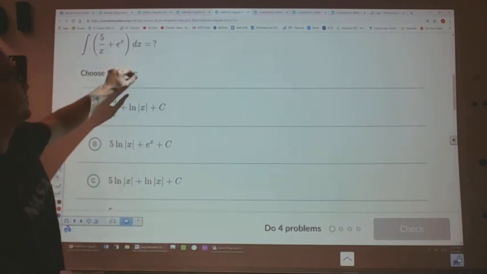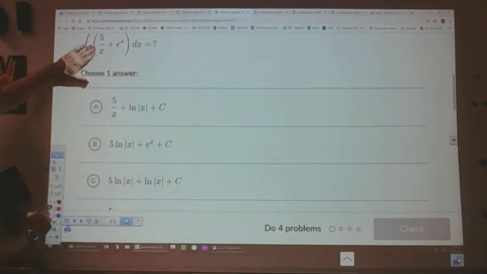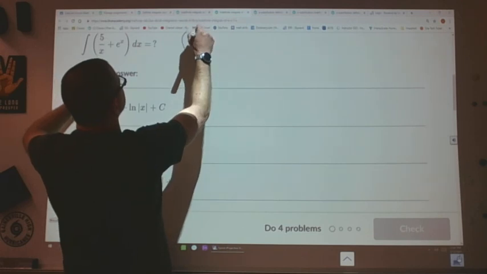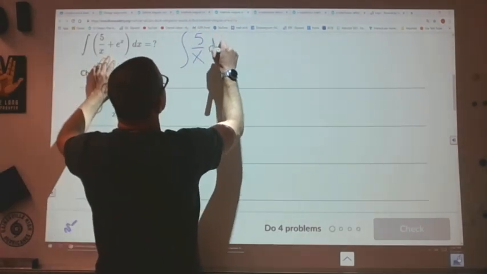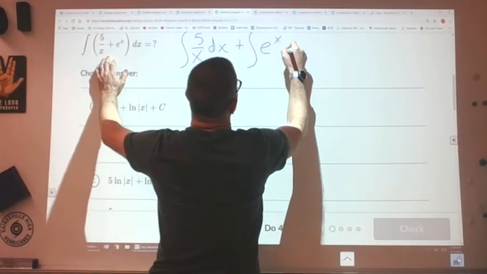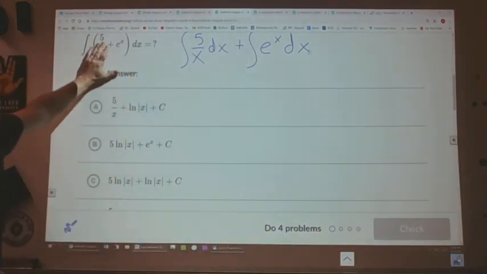common indefinite integrals, e to the x and natural log x. So we have this. And to get an idea of how we're going to work this, we're going to break up the integral. So it's the integral of 5 over x dx plus the integral of e to the x dx. And then we're just going to do each one of those. So 5 over x is that natural log form.